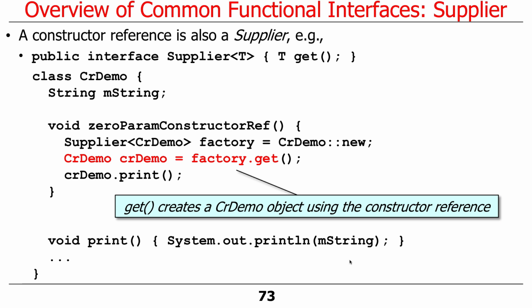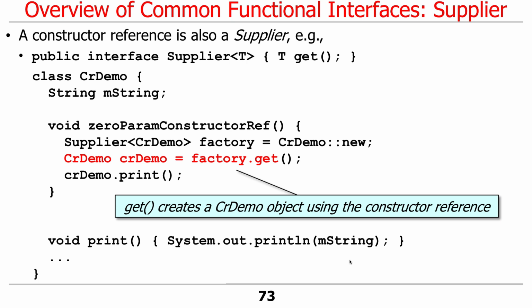Once we've got ourselves a supplier instance called factory, then all we do is we say factory.get. And factory.get, because remember, get is the name that you use for suppliers, goes ahead and creates a CRDemo object, an instance of the CRDemo class, using the constructor reference that we used to initialize the factory in the first place.